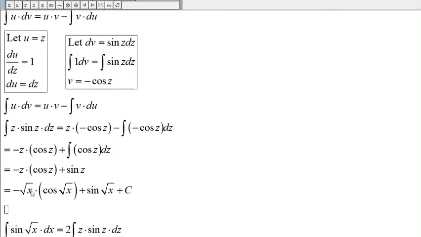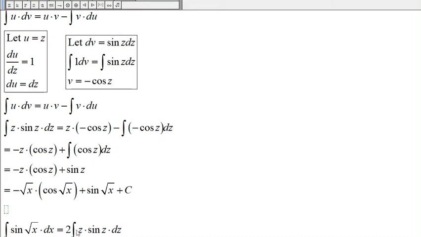z originally was the square root of x, so in the place of z we have the square root of x. And this will be negative square root of x times the cosine of the square root of x, plus the sine of the square root of x. And so the integral of z sine z dz is this.